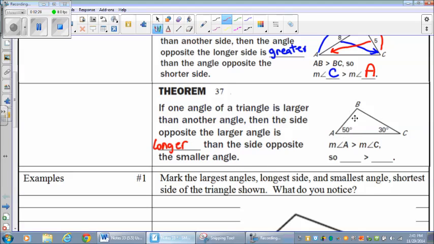So if I'm looking at my picture, notice I have the 50-degree angle. The side opposite here will be the longest, and this one opposite would be smaller because it's across from the smaller angle.